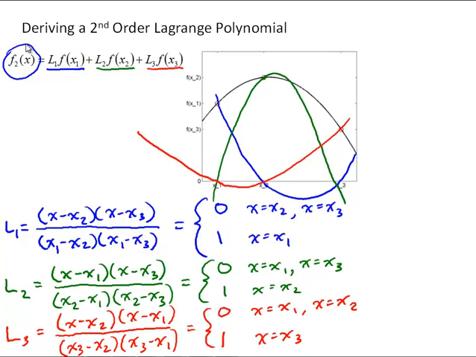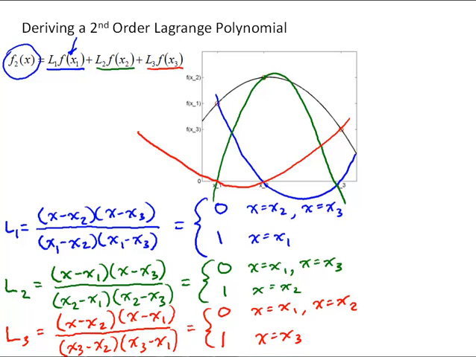So we can generalize this for any order polynomial. Hopefully you can see a pattern here where the terms in the numerator are determined such that the weighting factor goes to 0 at points that don't correspond to the y point, the f of x1 point in this case, and the terms in the denominator are determined to cancel those out so the weighting factor goes to 1 when we're evaluating the polynomial at that data point.